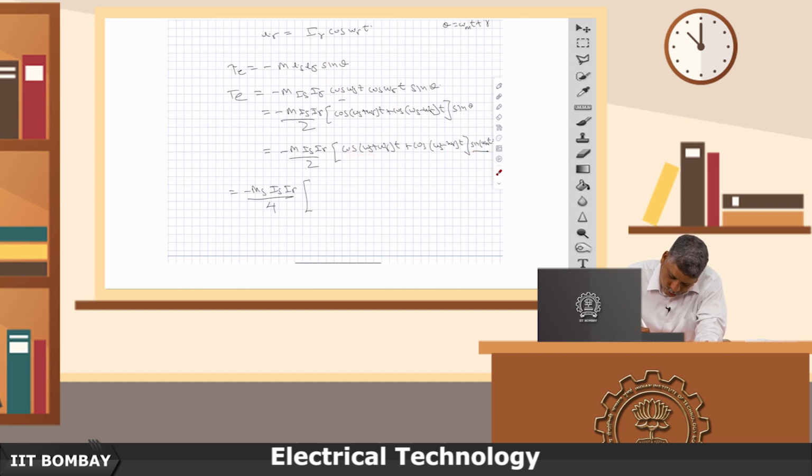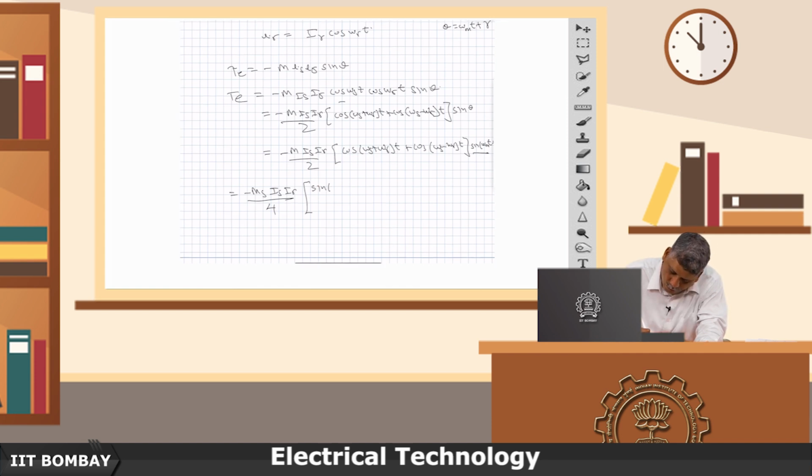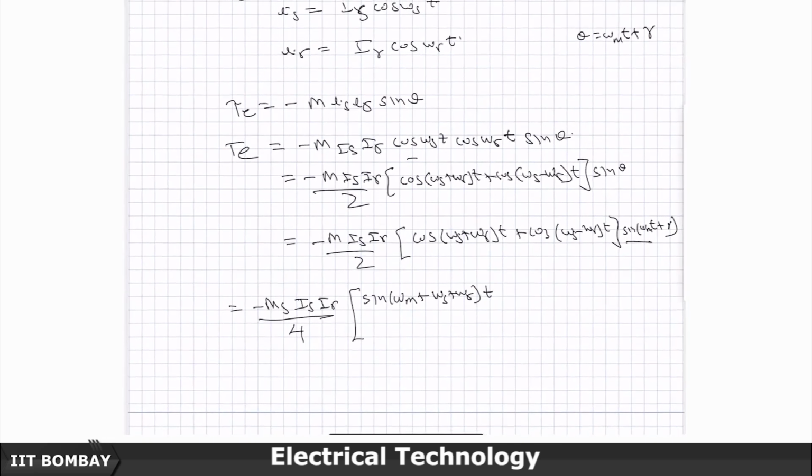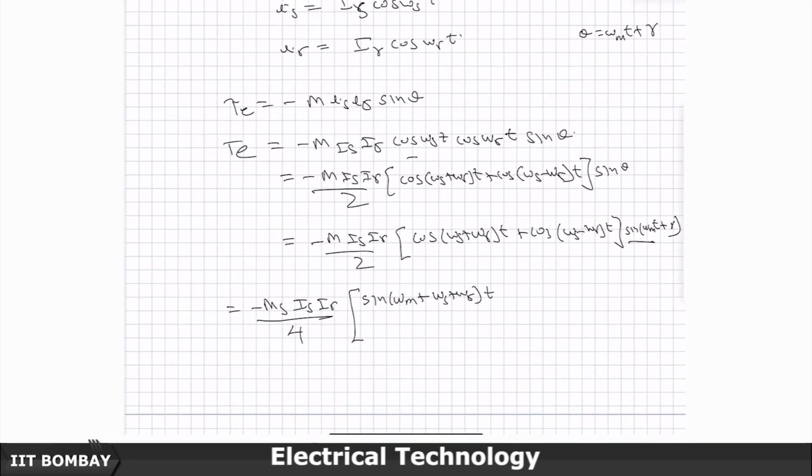So, that is going to be sin of omega_m, A is omega_m t plus B is omega_s plus omega_r of t, and there is that gamma still sitting there. So, plus gamma, the whole of this comes in one bracket.